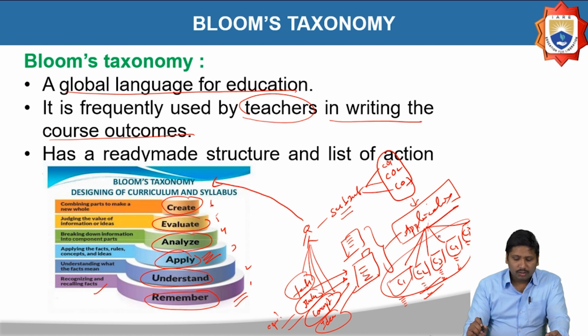Next we have another step, which we call evaluate. What does evaluate mean? We are going to judge the value of information or ideas. For judging the value of information or ideas, we have to be at the evaluate level.